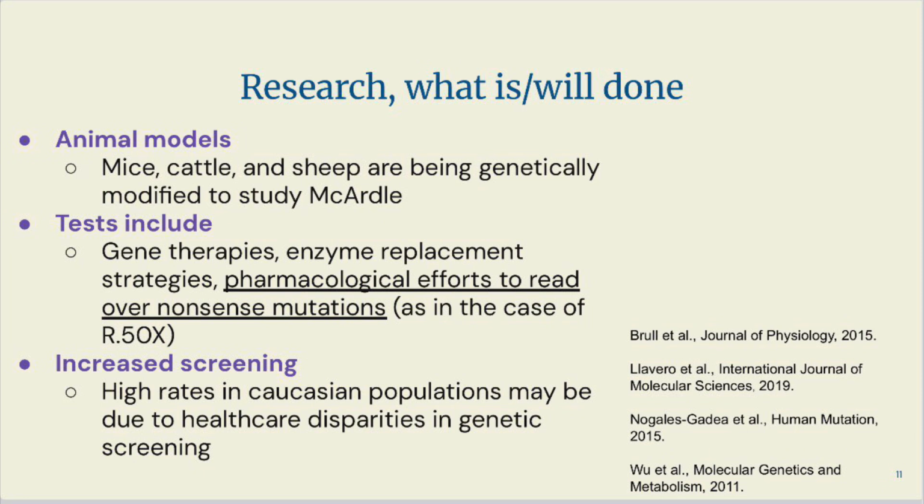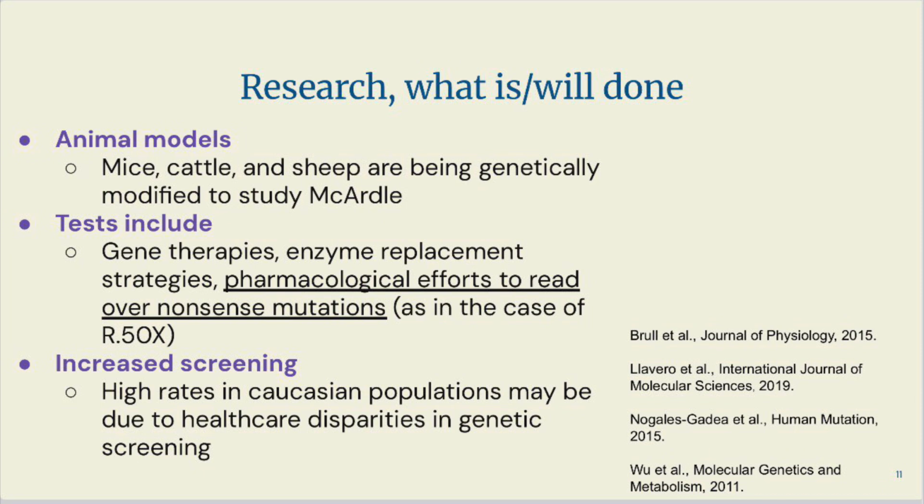There's some relevant research that is done and that is to be done in terms of McArdle. Animal models such as mice, cattle, and sheep are being genetically modified to study McArdle disease. Some of these tests include genetic therapies, enzyme replacement strategies, and pharmacological efforts to get past nonsense mutations.